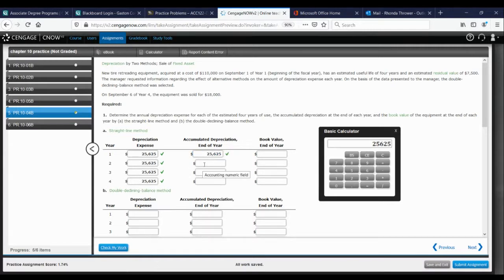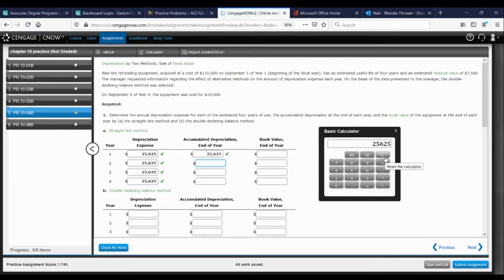In year two, we would continue to add the next year's depreciation expense to the previous balance in the accumulated depreciation to get the next year's accumulated depreciation amount.